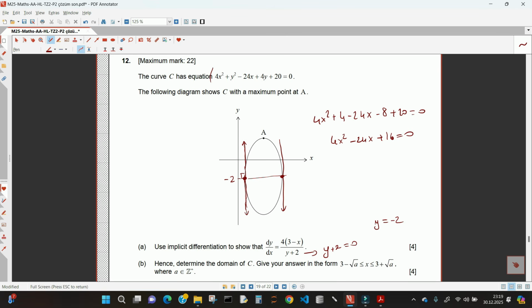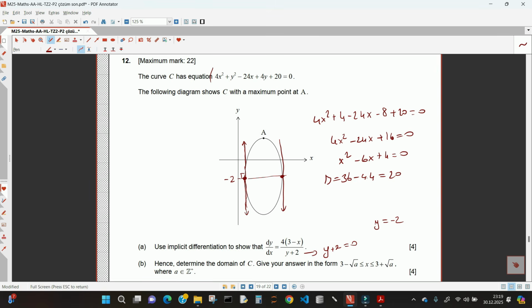If you cancel 4, you will see that x squared minus 6x plus 4 equals 0. I cannot factorize this quadratic equation, so I will look for the discriminant. It is 36 minus 4 times 4, which is 20.